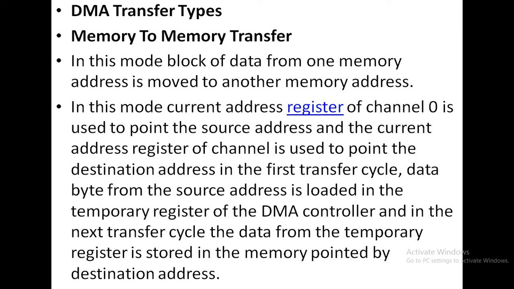when the memory to memory transfer is going on, there are two ends. One is known as the source location of the memory, and the second one is the destination location of the memory. Each and every memory location has its own address and its own register.